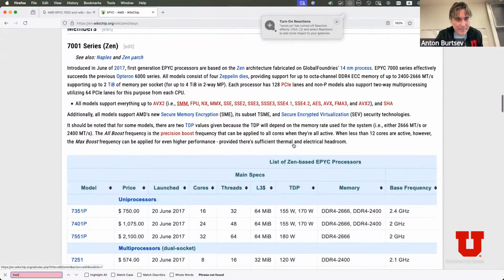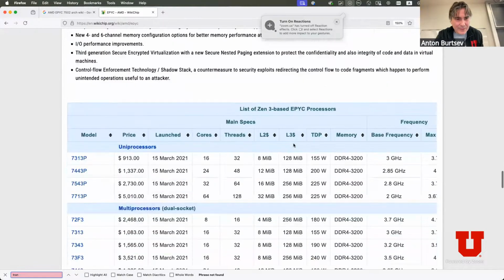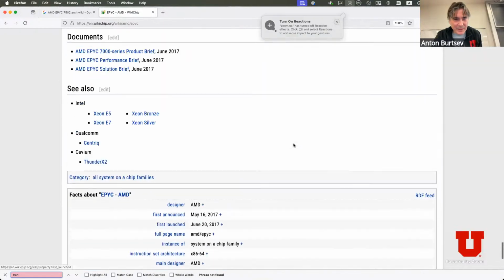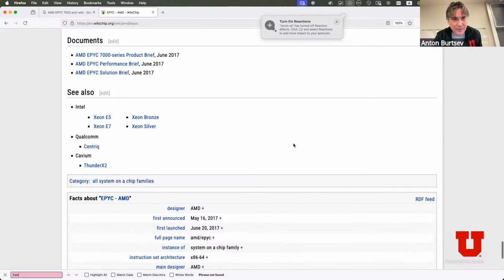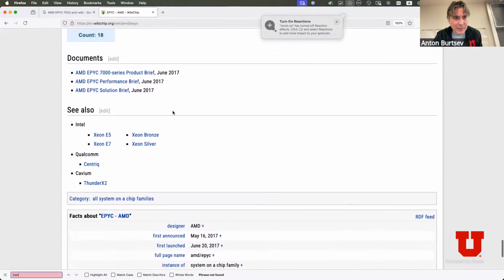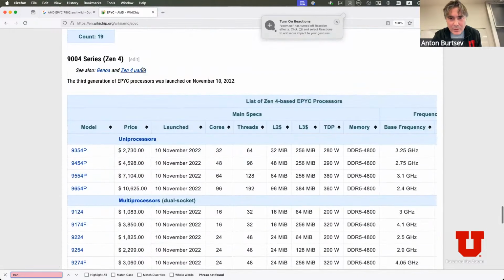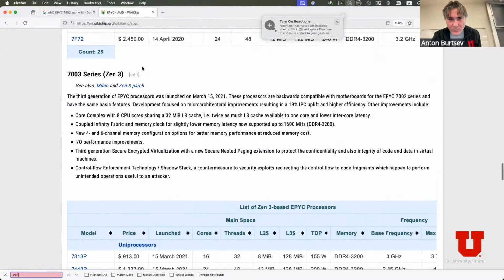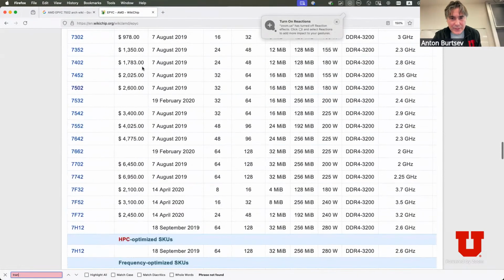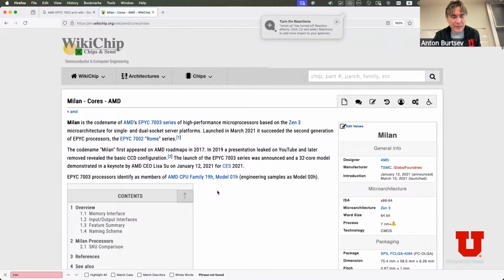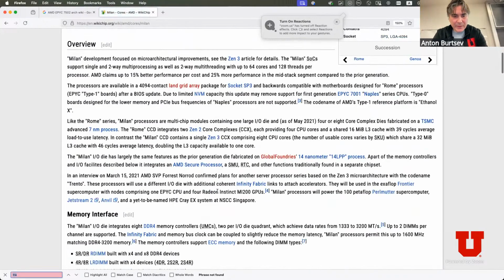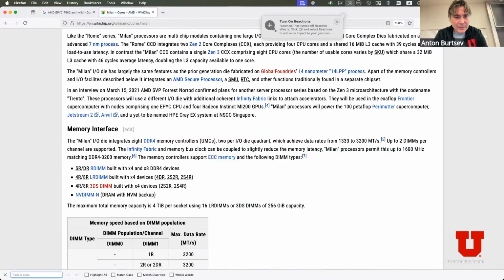But essentially, there must be a description of the entire family with characterization of the entire generation. See also Milan. Okay, let's take a look at Milan. Maybe Milan is the entire family. What about here? TLB. Still no.